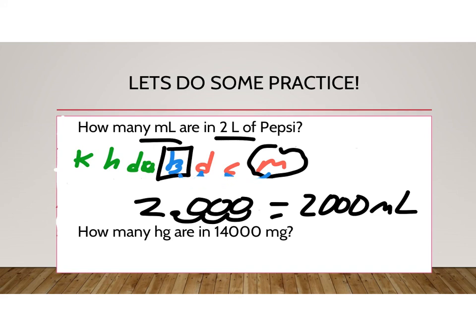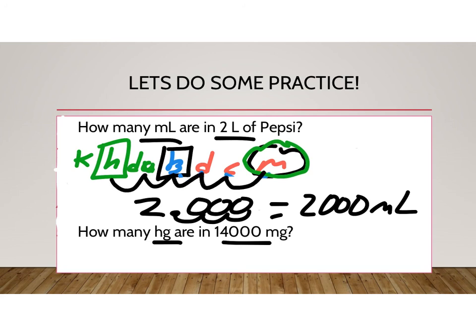Now that I have that base up there, I can do away with my jumps again and look at the next problem. This time I'm going to find how many hectograms are in 14,000 milligrams. So I have milli down here, and we'll circle it in green this time. I need to get up here to hecta, so I'm going to have to jump 1, 2, 3, 4, 5 times. That's going to be moving the decimal forward because I'm dividing.